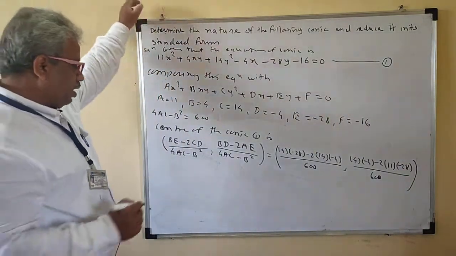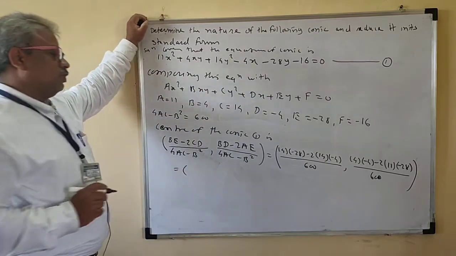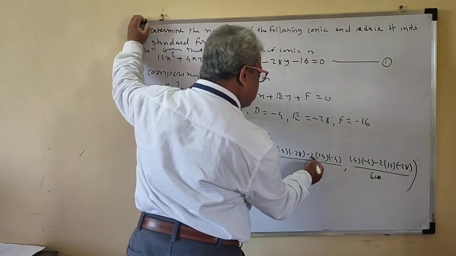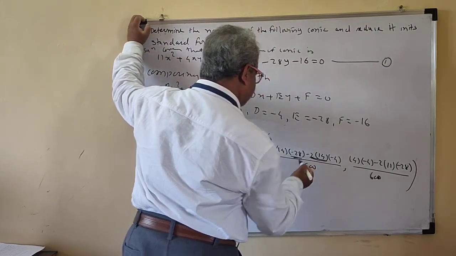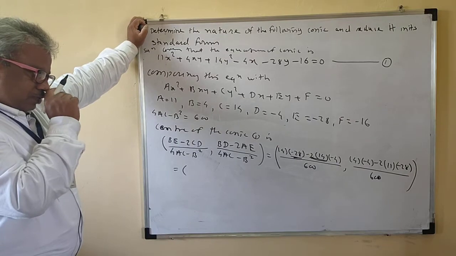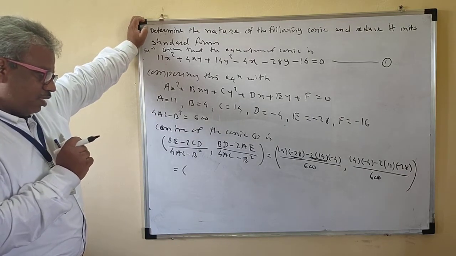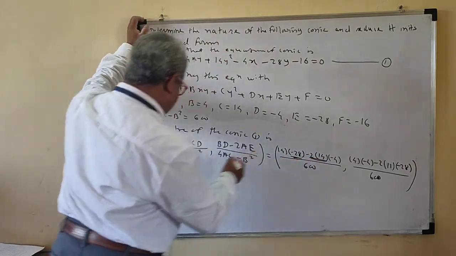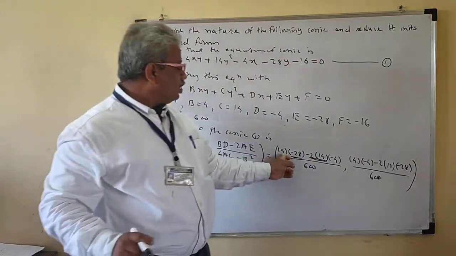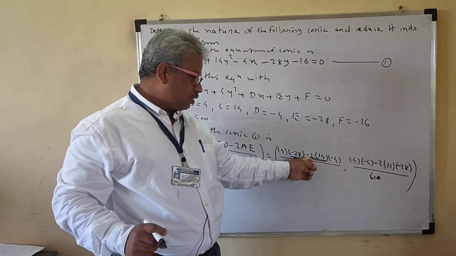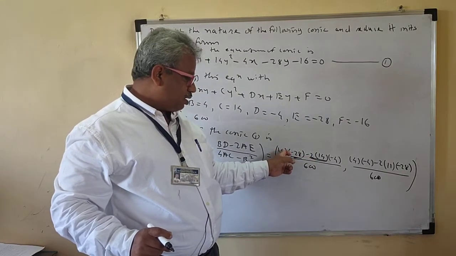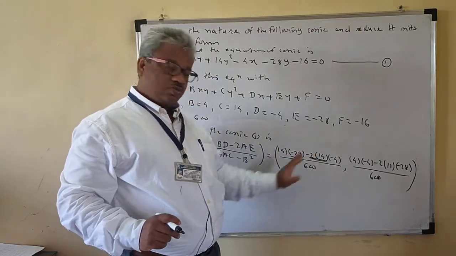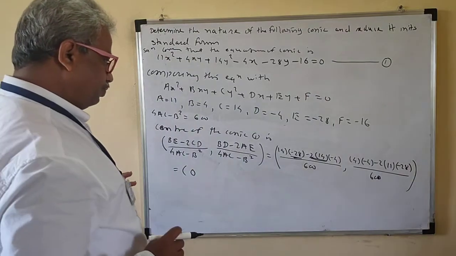The center is very important. So what is this then? See, this is 28, this is 28. If you take 28 common, this is 28 into 4 and this is 28 into 4, with minus and plus signs, so this is 0.